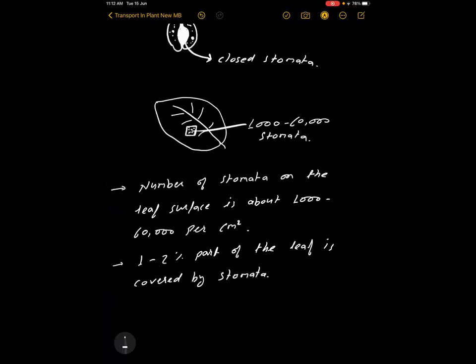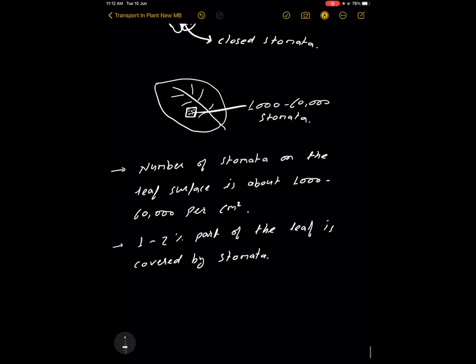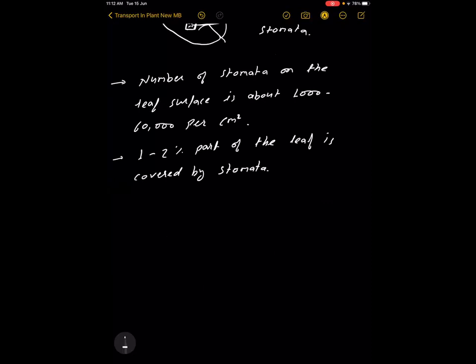Okay, very good. To avoid transpiration. Actually, what is transpiration? Transpiration means loss of water. So to avoid this loss of water, mostly plants develop their stomata on the lower surface. Suppose this is the plant, this is the leaf, and this is the lower surface.